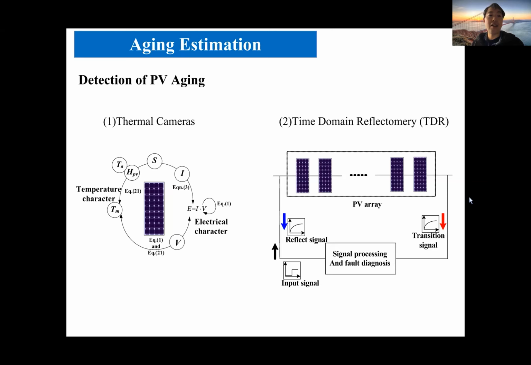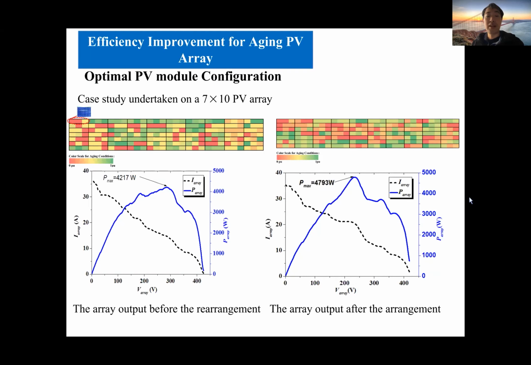We can use thermal cameras or TDR radars. When we get the PV non-uniform aging map like this one, we can propose an online or offline reconfiguration method to improve the PV array efficiency without replacing PV modules.